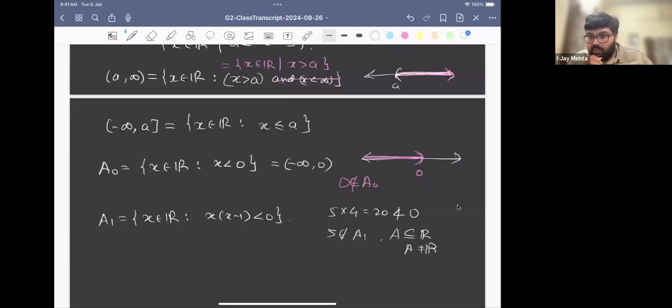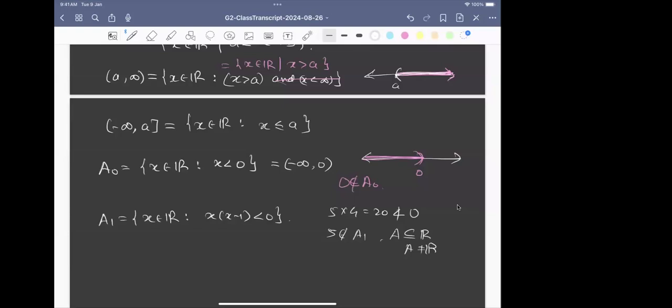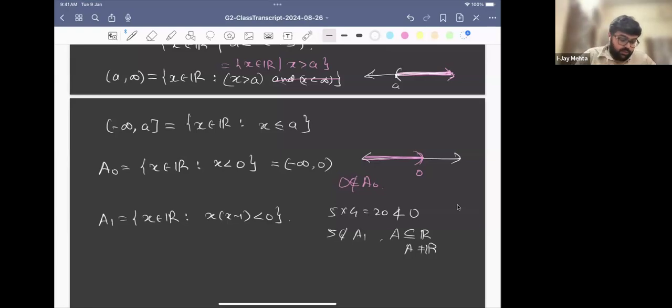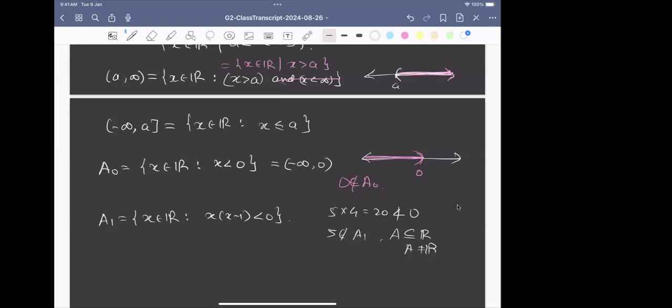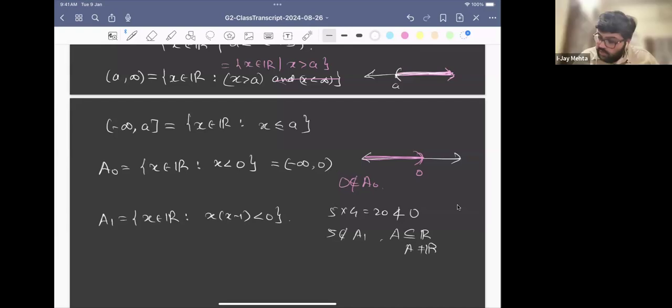It's not the full set, but does any other element belong to the set? Ankita? Yes, sir. Can you give an element in the set? -5. Yes. Bhakti, check -5. What about x equals -5?